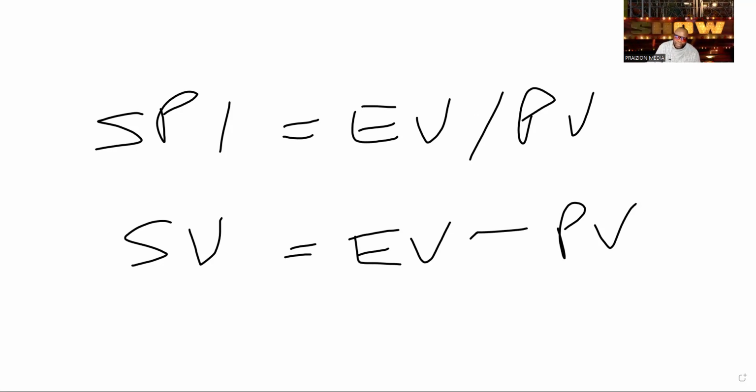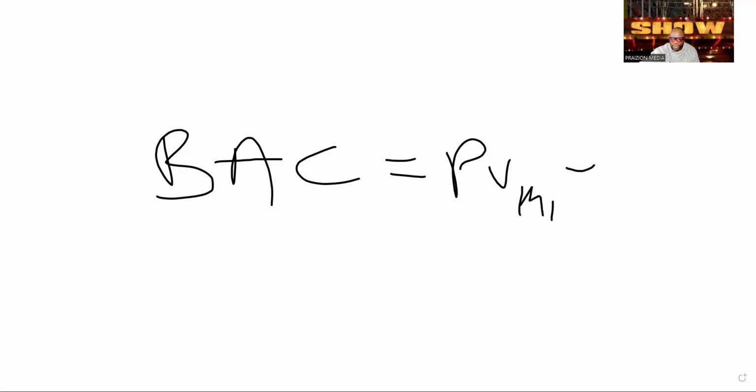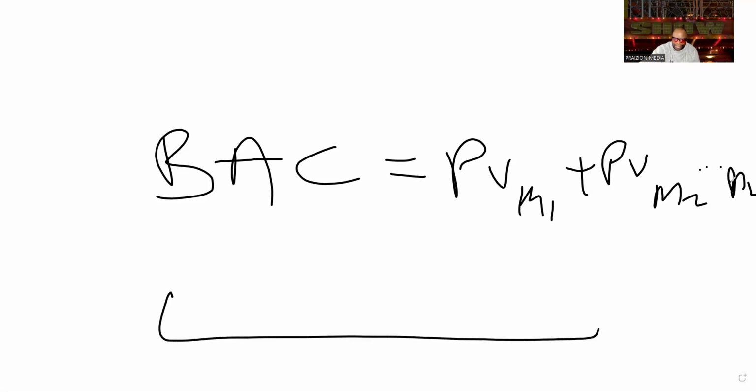Very good. There are some other formulas that you should understand. So the budget at completion is just the planned value cumulative. So planned value for maybe month 1 plus planned value for month 2, all the way to the end. So it's really the accumulation of all of the planned values, right?